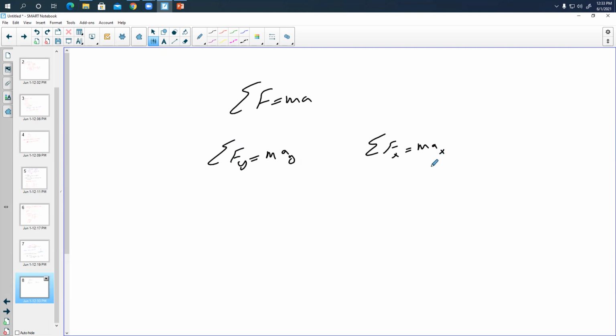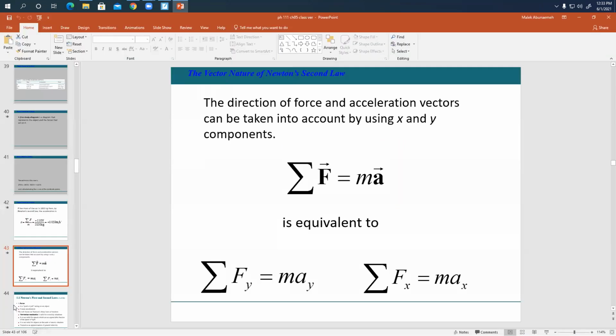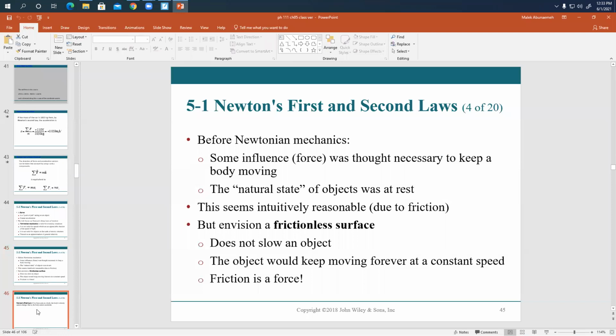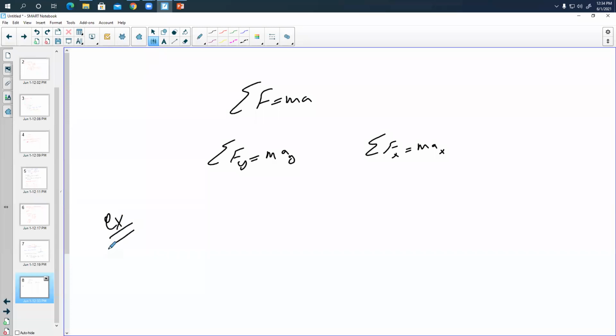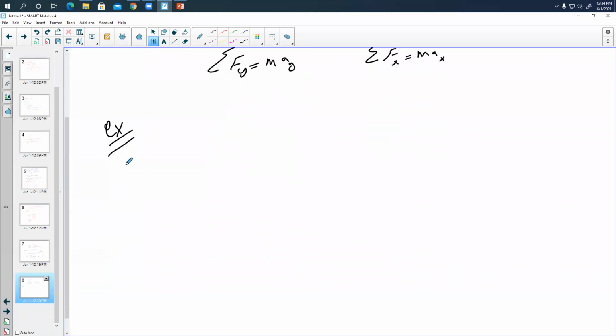So let's do another example, shall we? Let me just do an example right over here. Now, let's say you got your man on a raft, with the combined mass is 1,300 kilograms.